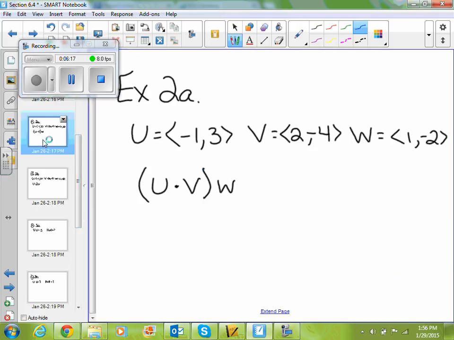Okay, and if we look at dot products times other vectors, so we have u dot v times w, where u is negative 1, 3, v is 2, negative 4, w is 1, negative 2.